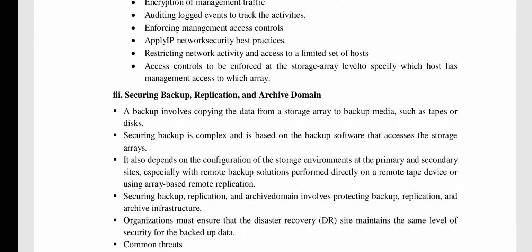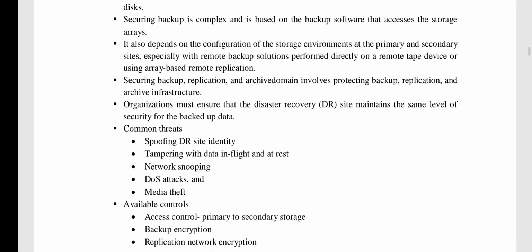Next, the available controls and the common threats at the backup domain. So it is spoofing, like the disaster recovery site identity. So the organization must ensure that the disaster recovery (DR) site maintains the same level of security for the backed up data.